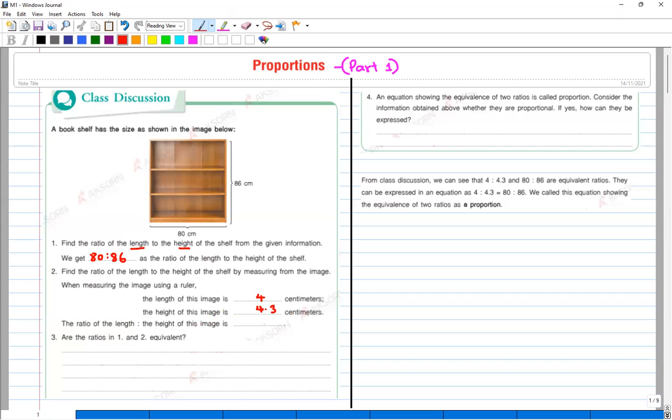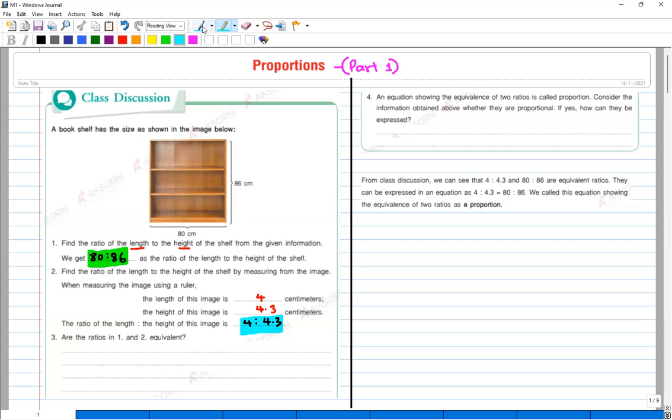Now, the ratio of the length to the height of this image will be 4 to 4.3. You see that? Now, are these two ratios equivalent? This ratio, 80 to 86, is it equivalent to 4 to 4.3?